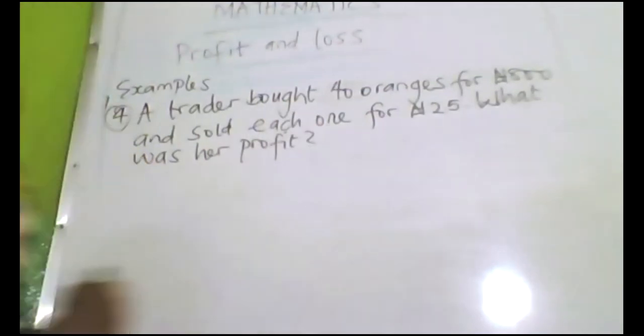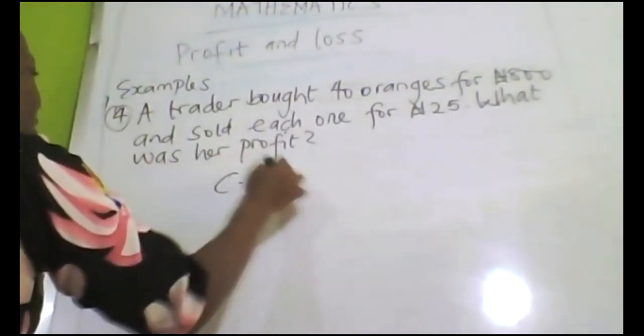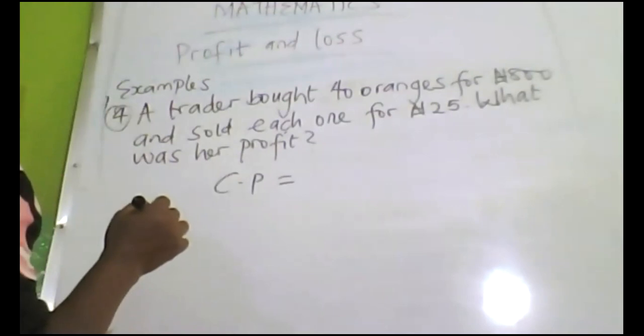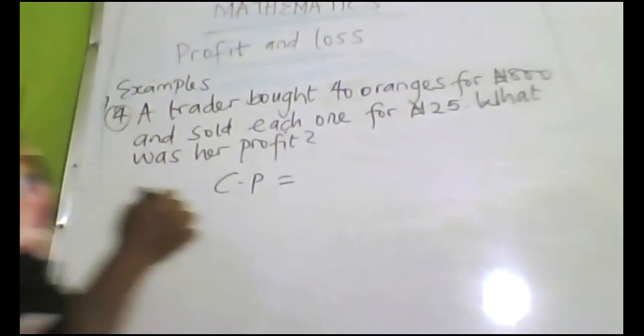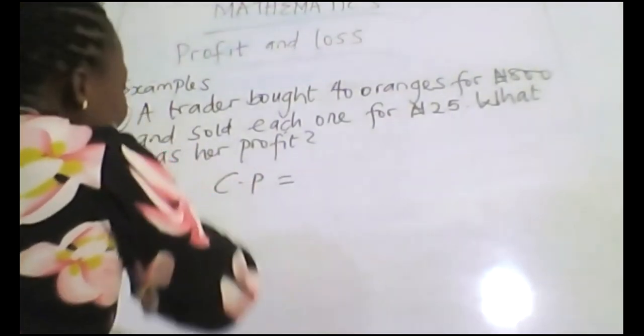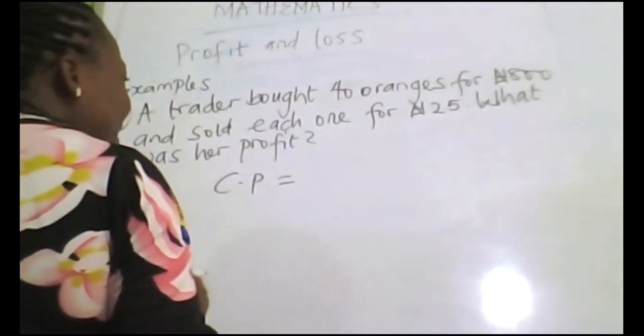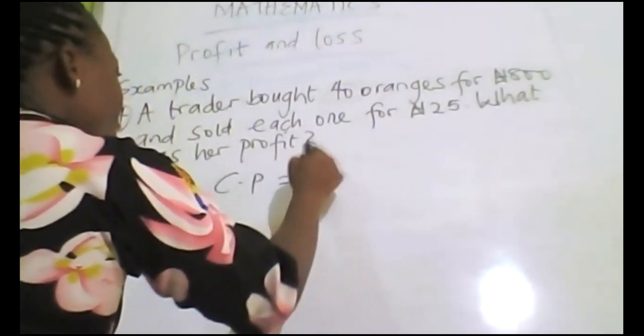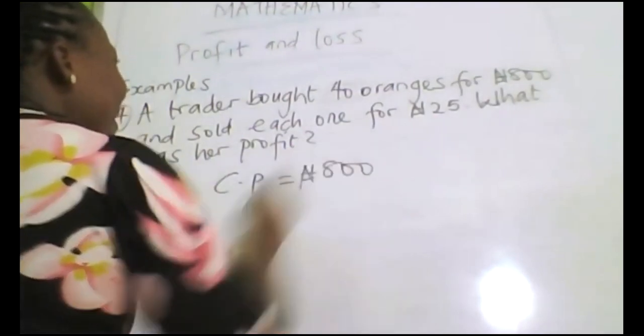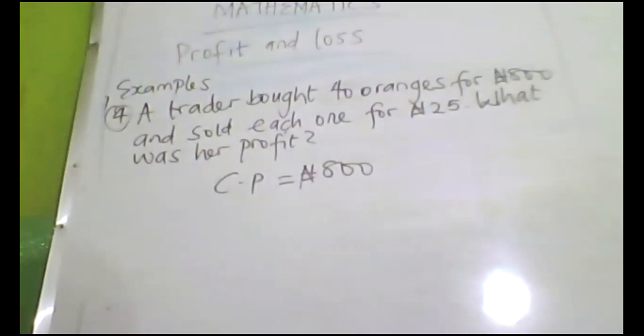What was our profit? The cost price. How much did she buy it? She bought it at the rate of 800 naira for the 40 oranges.